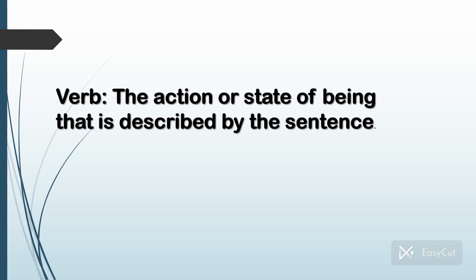For instance, eating, walking, running, and at the basic level we get these examples to get the idea of verb. But here, the action or state of being that is described by the sentence. In a sentence where action or state of being is expressed is called a verb. Let me explain more by examples.